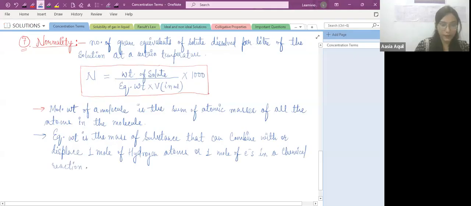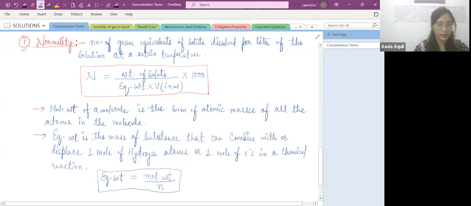Simply, you can find equivalent weight by dividing the molecular weight by the n factor. Here the n factor is the number of moles of reactive species, for example protons or electrons, that 1 mole of the substance can provide or react with.